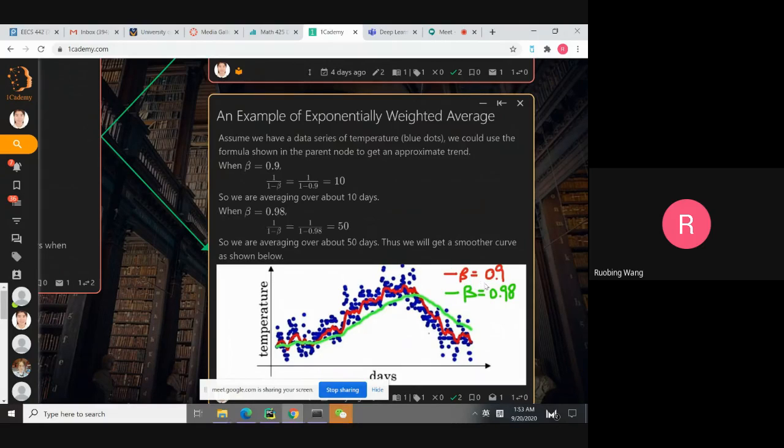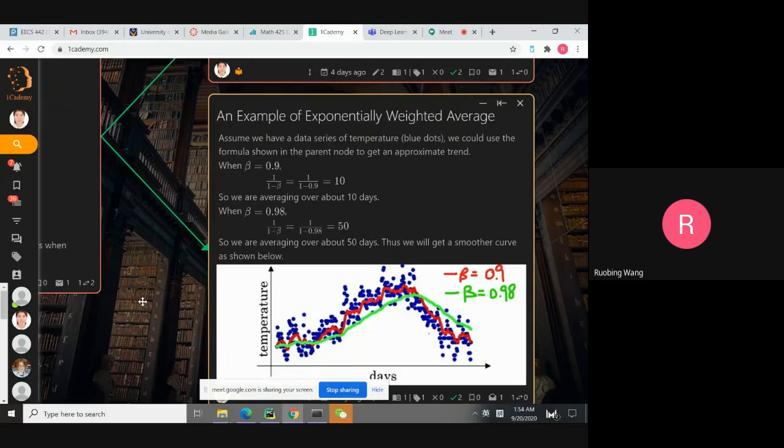If we assign beta equal to 0.9, we will get this red curve. And if beta gets a little bigger, 0.98, we will get this green curve, which is smoother because basically we are averaging over a longer period of days. And this is all about the exponentially weighted average part.